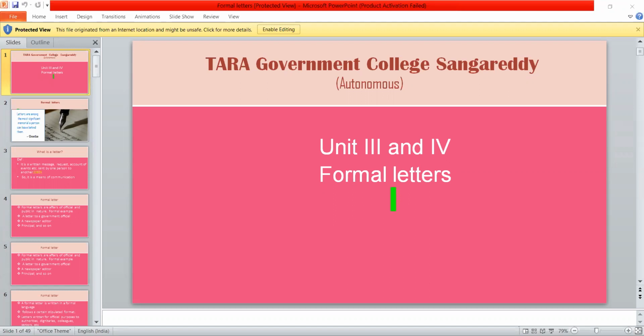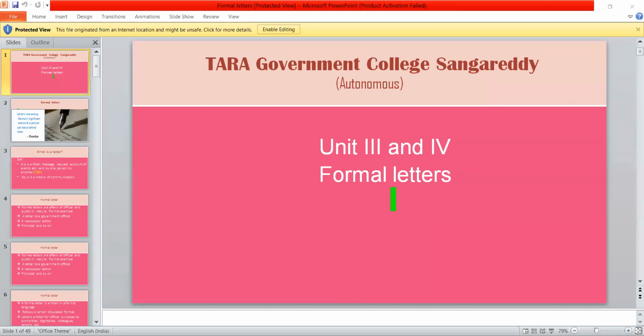Okay, then the parts of the formal letter. Sender's address. We already discussed this in the earlier class, when I was teaching you the informal letter. But still, let us once more get into contact with these things, because they are very, very important.